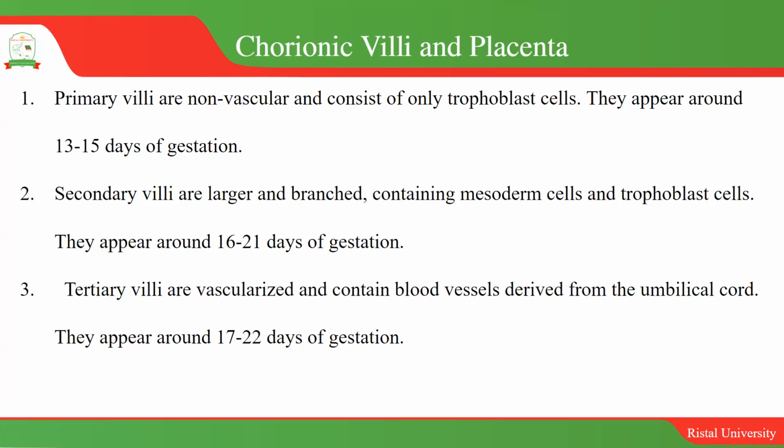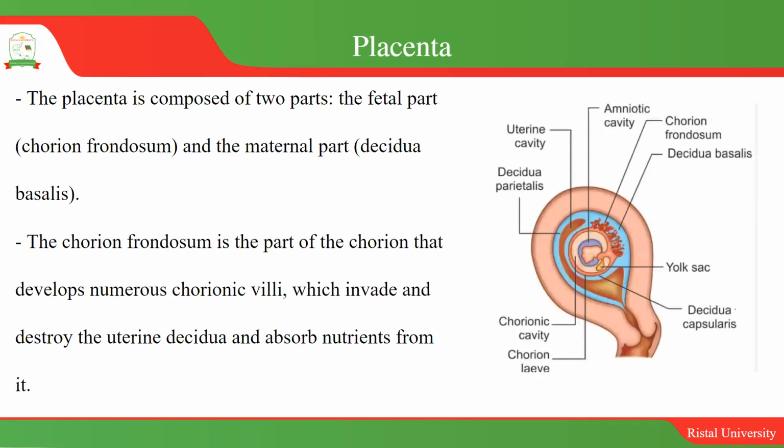Okay, and this appears around the 16th to the 21st day of gestation. And then the already developed villi are the ones that we call the tertiary villi. And these ones contain blood vessels. Therefore, we say they are vascularized. And these blood vessels come from the umbilical cord and appear between the 17th to day 22 of gestation.